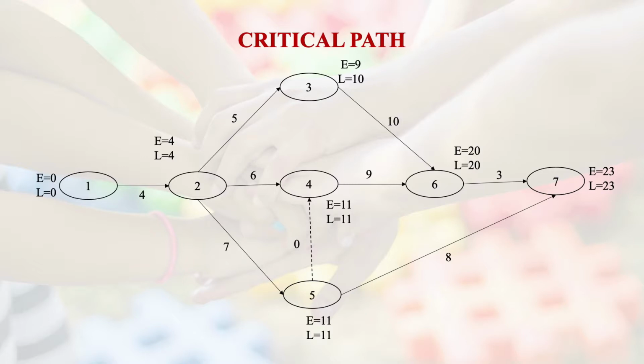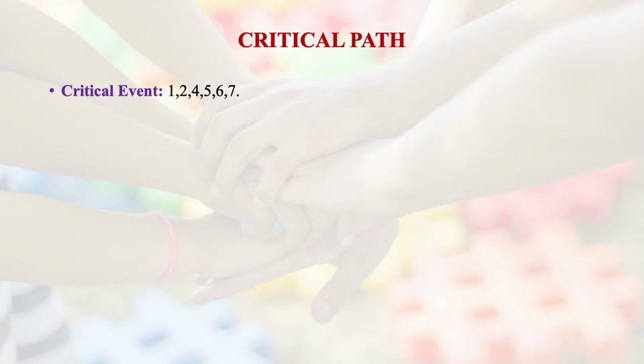It's not possible. So we go from 5 to 4, 4 to 6, and 6 to 7. That selection is the most important selection when dealing with the critical path. So what is our critical path? 1 to 2, 2 to 5, 5 to 4, 4 to 6, and finally 6 to 7. So these are the critical events: 1, 2, 4, 5, 6, 7.